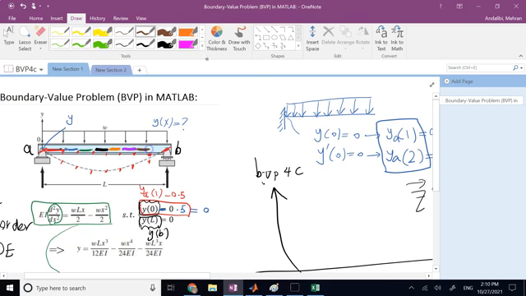So each one of these elements could be a different size from the rest of them, or they can be all the same size. Okay, so these guys are elements, and the intersection points of them are what we call nodes.